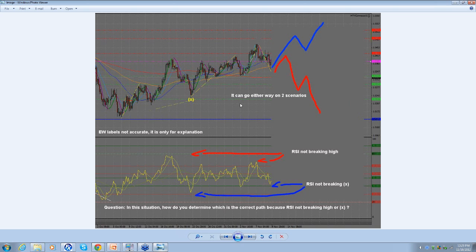Right here, if you're long, you know that you have to be long as far as this is in place, or as far as this is in place. That's the continuation of your trend. Now, when the RSI breaks below this level, you get out of there. You see what I mean?